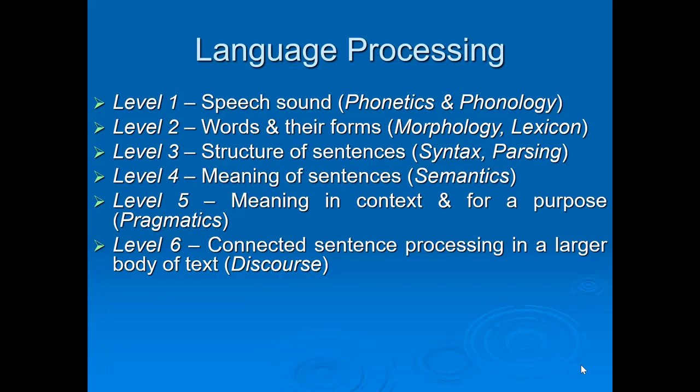Now the third level is the structure of the sentence. First we went to sound, how we produce a sound from our mouth, that is phonetics. Second was words, and the third is the sentence. So how is a sentence formed?